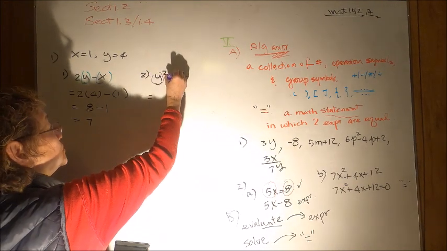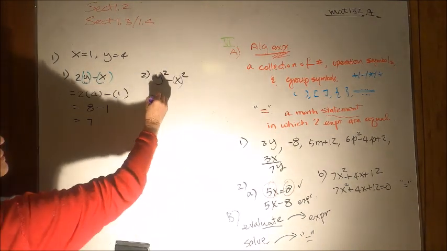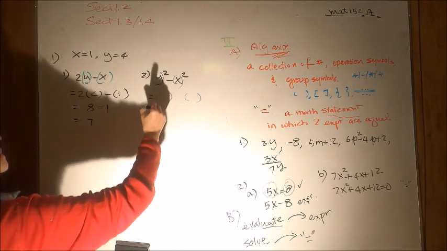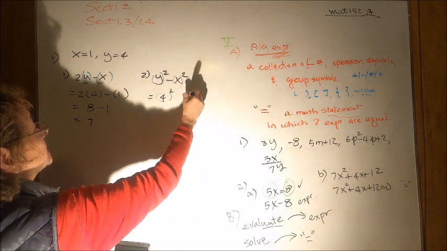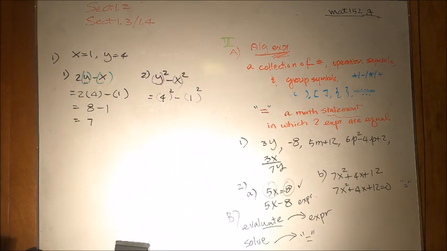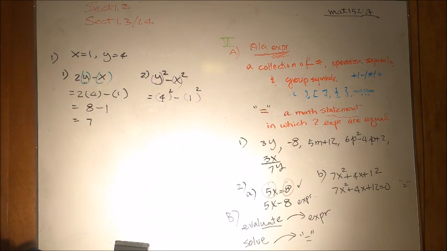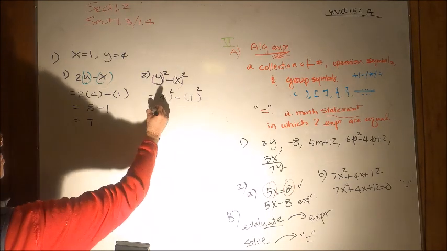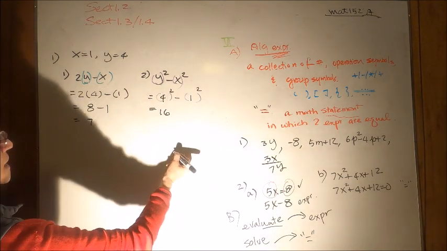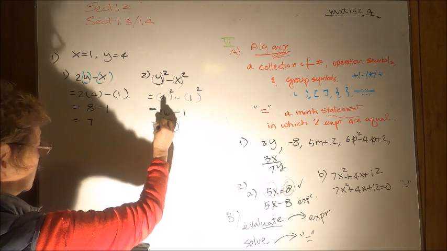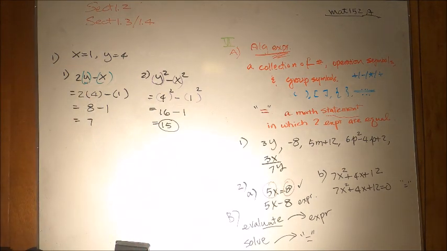Remember to put your parentheses around, right? When you plug in, for this one, all positive, it doesn't make any difference. But when it's negative, it will make a difference, right? So 4 squared is 16. 1 squared is 1. So you find your answer, 15, for this one.